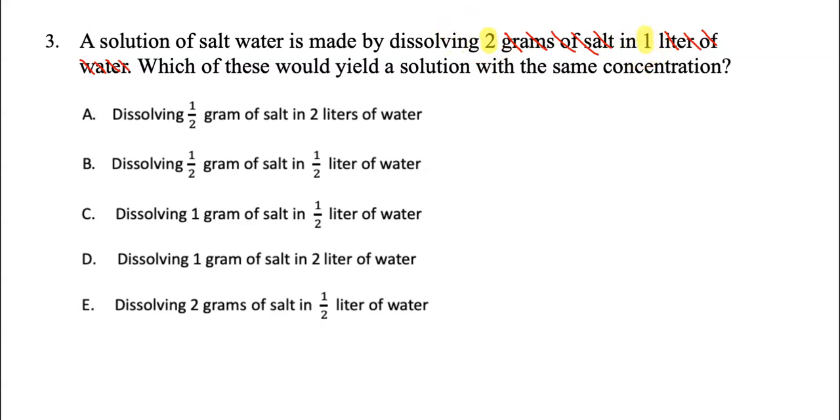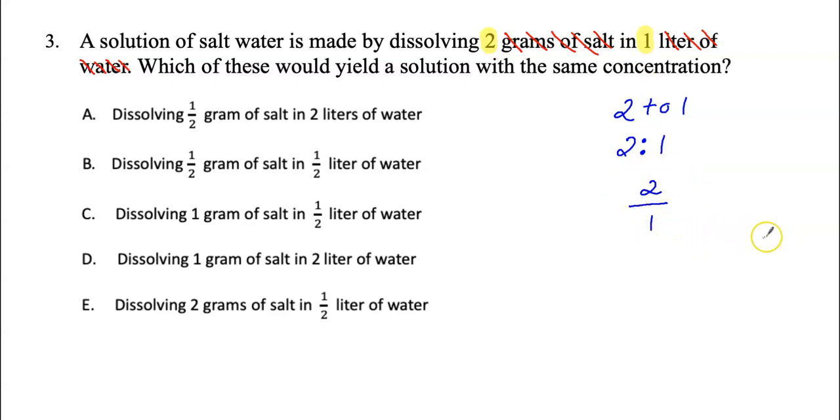That's called a ratio. And there's many ways to write a ratio. You can write it as 2 to 1. You can write it as 2 to 1 like this with a colon, or you can write it as 2 to 1 with the 2 on the top and the 1 on the bottom as a fraction.